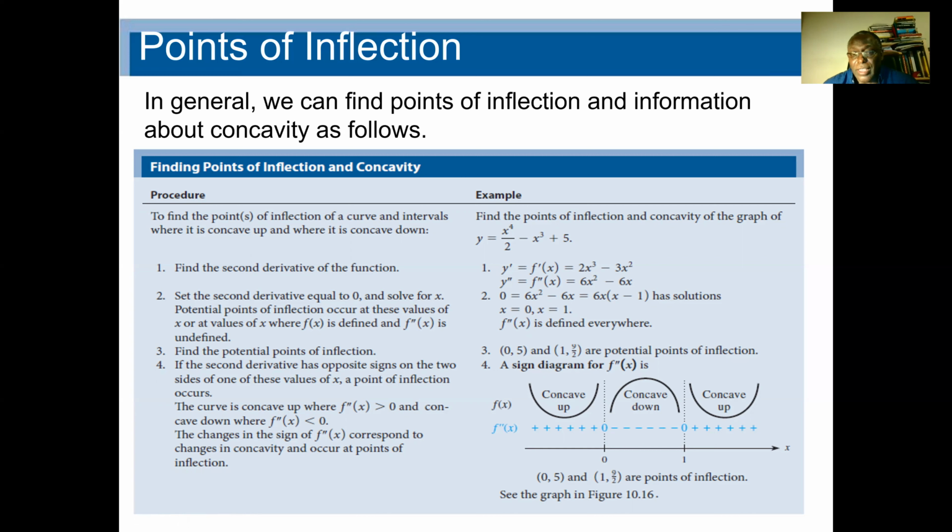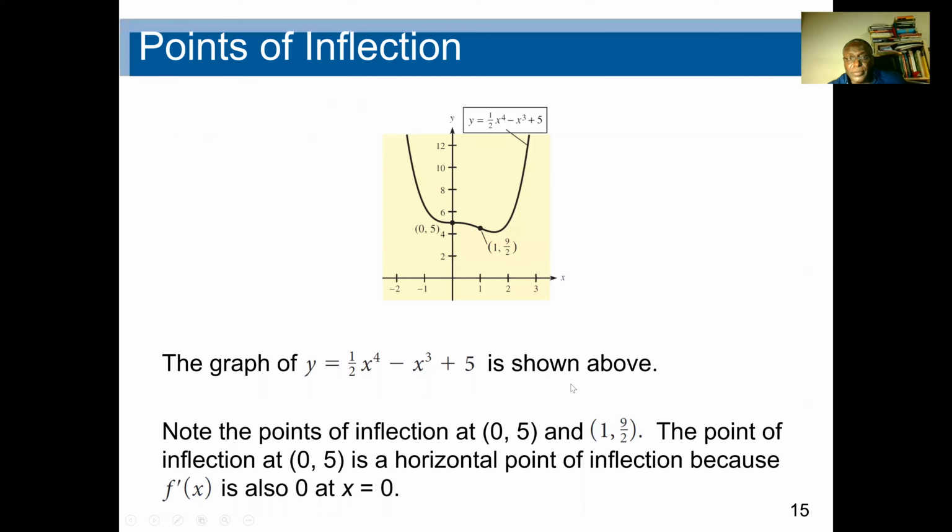So I can see that when I put 0, I will get 5. And also when we put 1, we should get somewhere around 5 or so. No, 9/2. So we can see that the points are (0, 5) and (1, 9/2).